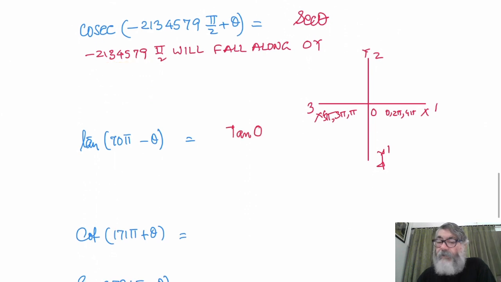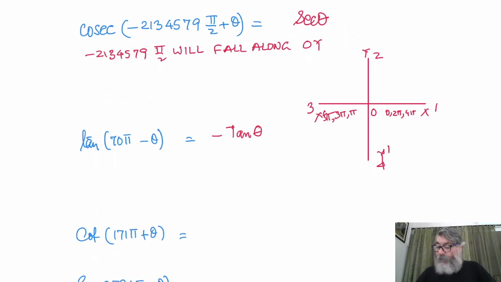Only the question is which quadrant it is falling. 70 pi minus theta means it is going to fall along OX dash, and I'm subtracting something from it, so it is coming in the fourth quadrant, and in the fourth quadrant tan is negative, so it will be minus tan theta.